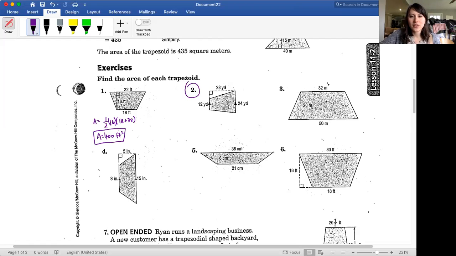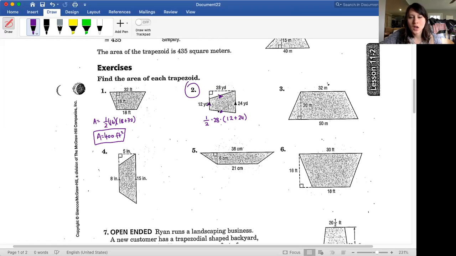All right, number 2. So we need to identify the height. Remember, the height is always going to be perpendicular to the base. So the height here is 28. So we're going to do 1/2 times 28 times the two bases added. And you know that the bases are always going to be parallel. So if you're not sure what the bases are, looking at this, you might think, oh, is this the base?